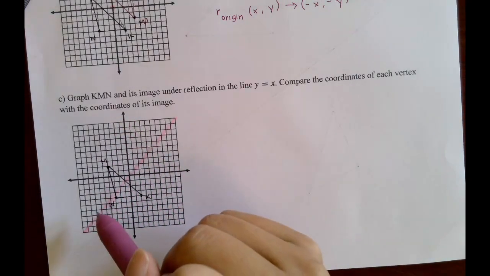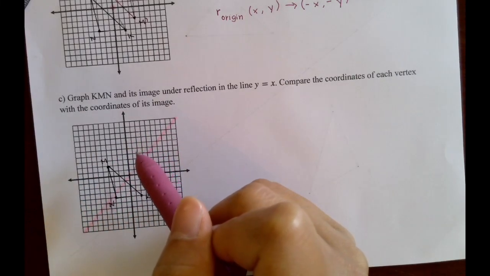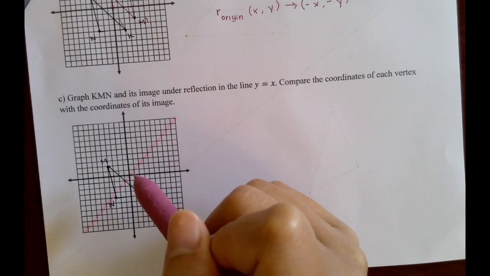So the slope of this line is 1, right? And so in order for K prime to be perpendicular to it, its slope is negative 1.